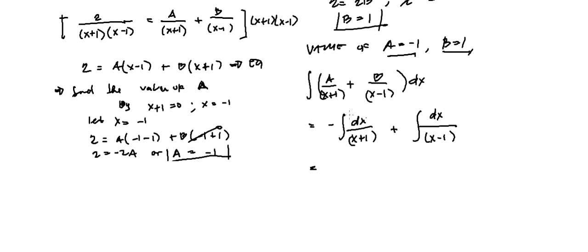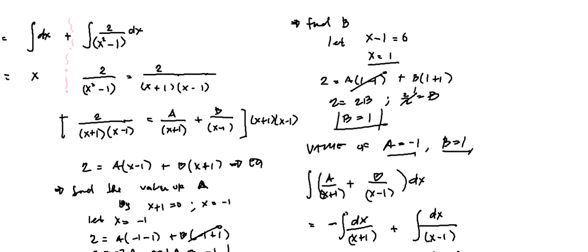So from here we can easily see that the integral of dx all over x plus 1 is, we have a negative sign here, negative ln of x plus 1, and then plus the integral of this one is ln of x minus 1, then plus C.